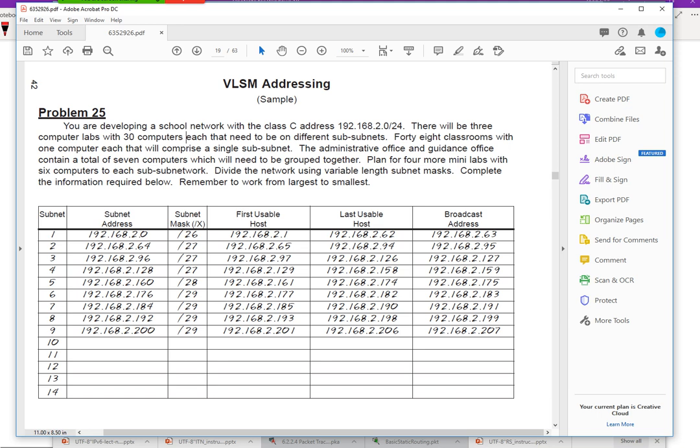And complete this form. Remember to work from the largest to smallest. For each subnet, you need the network address and the subnet mask, and then you also need to find the first usable host, the last usable host, and the broadcast address.